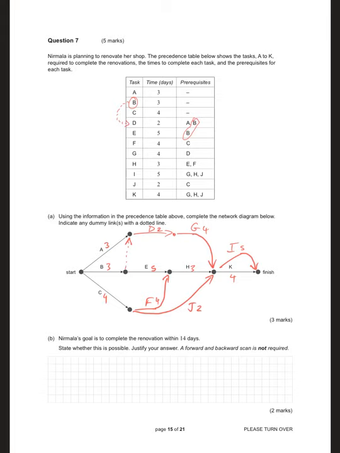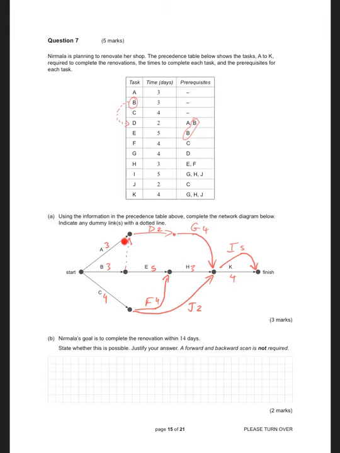So this question is saying you do not need to do a forward and backward scan. You can if you want, but what it's really asking you to do is just look at the different paths and see if the longest path adds up to 14, if it's possible.